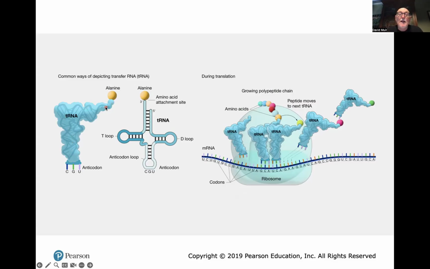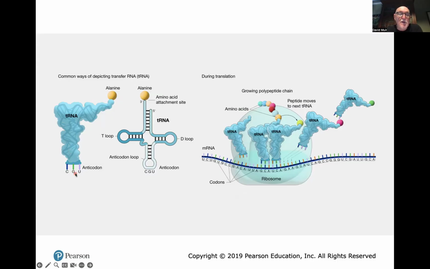So this here is a transfer RNA molecule, which is carrying alanine. Now, there is a transfer RNA for each one of the amino acid codons that you see in the table of codons. So there are numerous kinds of transfer RNA, and they each carry an amino acid which is specific for that codon. There's a neat little trick to the transfer RNA molecule, and it lies down at this end here.